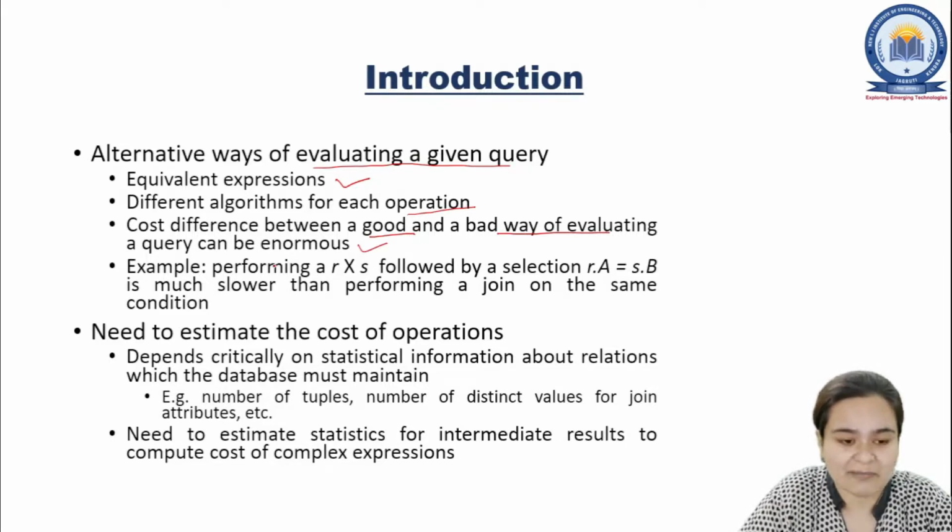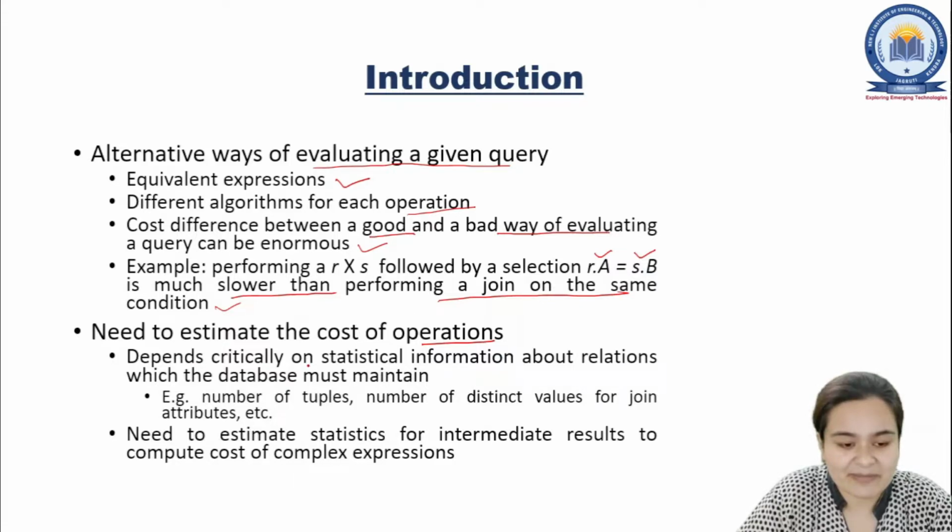For example, performing R cross S followed by a selection, that is R.A equal to S.B, is much costlier than performing a join on the same condition. So we need to estimate the cost of the operations that we are going to perform.